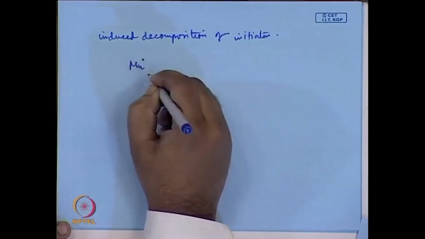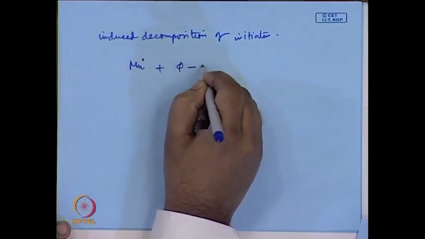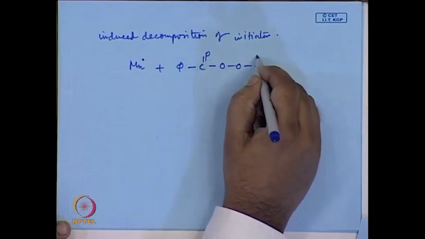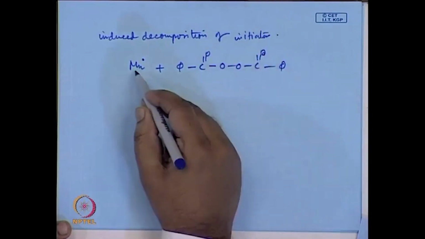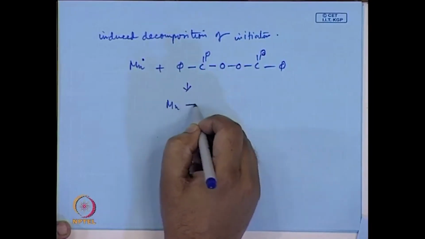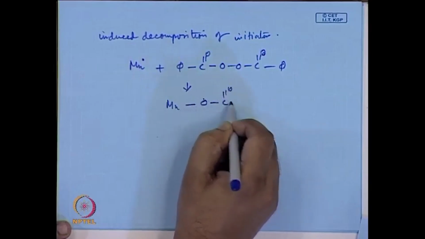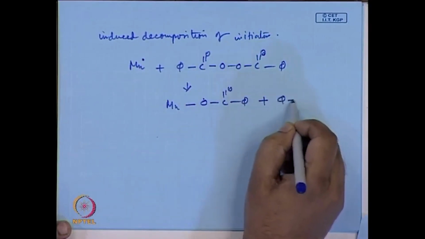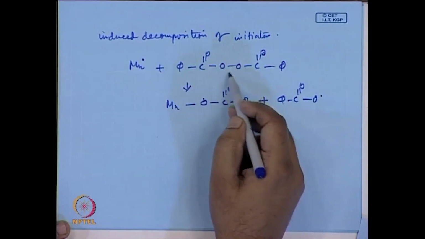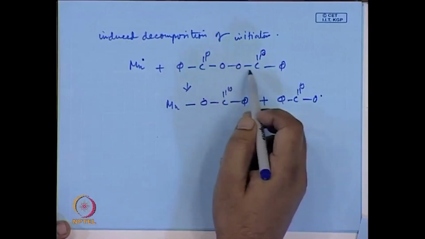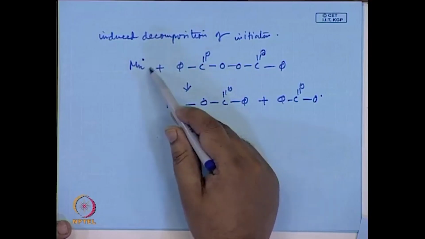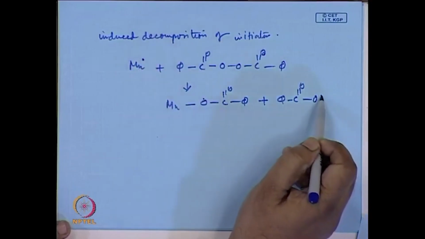If I have a propagating radical, now if I give the example of benzoyl peroxide, the propagating radical can react with the initiator molecule and form another radical. Now, this molecule in the normal case was supposed to generate two radicals, but in this case, on reacting with a propagating chain, it is only producing one radical.